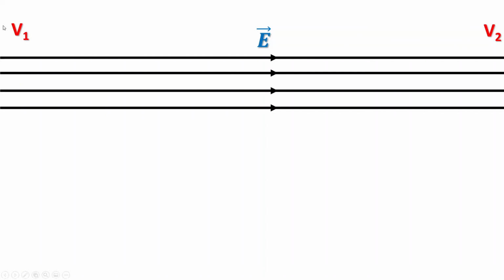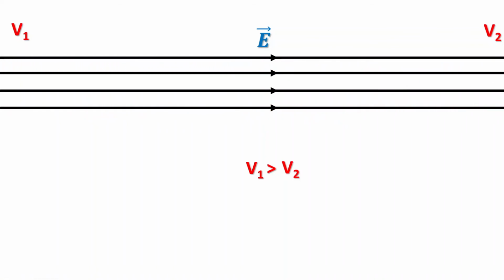On the left side, I have potential V1, and on the right side, I have electrical potential V2. Can you tell me which potential is greater? Yes, V1 is greater than V2, because if I release a positive charge at the left side, it will drift or speed up toward the right side.